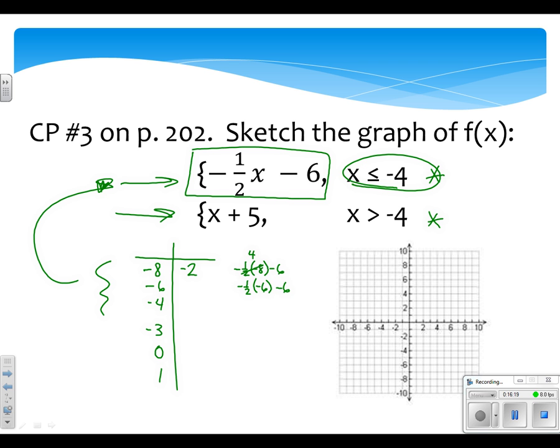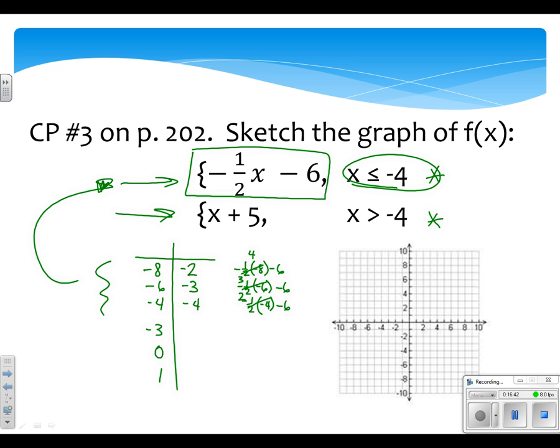So -1/2 times -6 is 3. 3 minus 6 is -3. -4 still fits that top part of our function. -1/2 times -4 is +2. 2 minus 6 is -4.